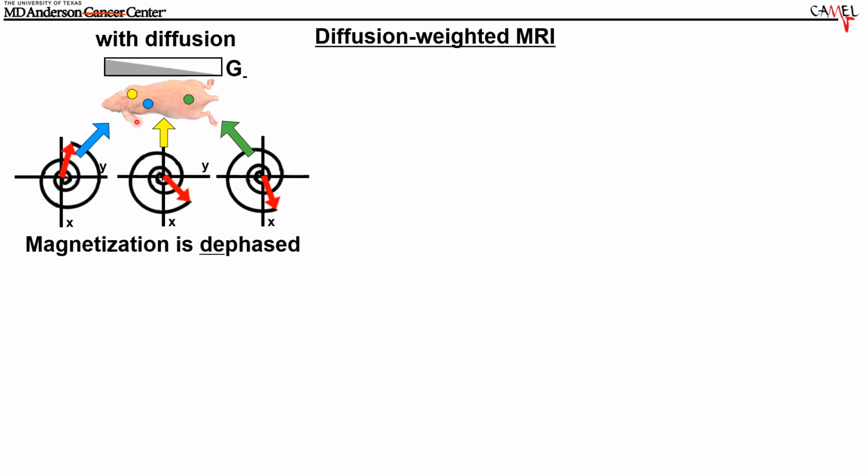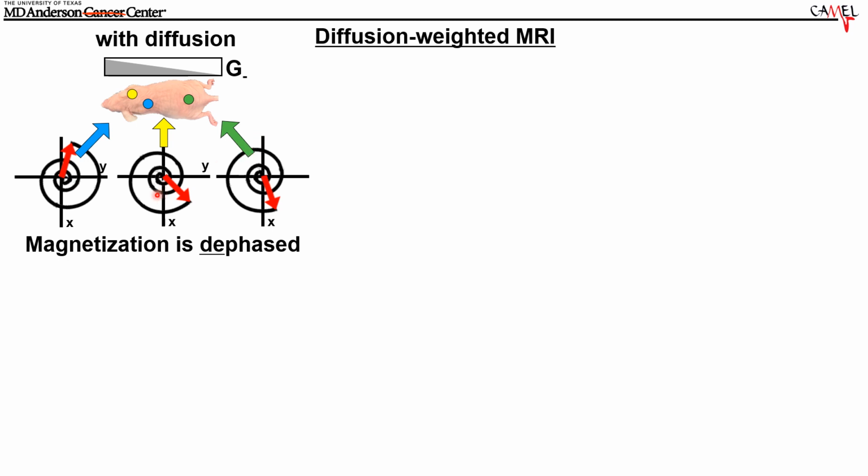Well, you'll see that the blue proton is no longer where it was during the first gradient. So it is no longer rephased 100% back on the y-axis, right? It has moved during that second gradient that was applied. In fact, it moved in the opposite direction than the first gradient, right? The yellow proton did not rephase completely, and the green proton also did not rephase completely because of this motion along this head to tail axis of the mouse, right?